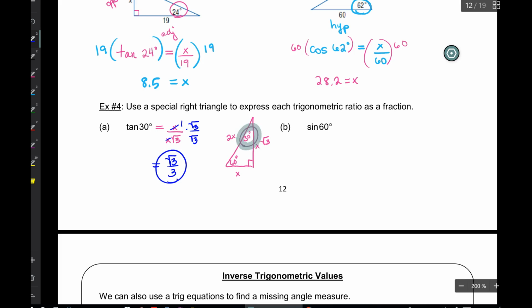Okay, next one. Now I want to look at the sine of 60. So we're still working with a 30, 60, 90 triangle. So here's 60 degrees.